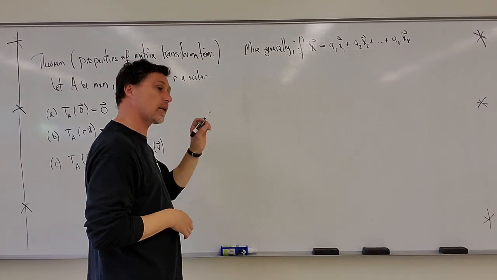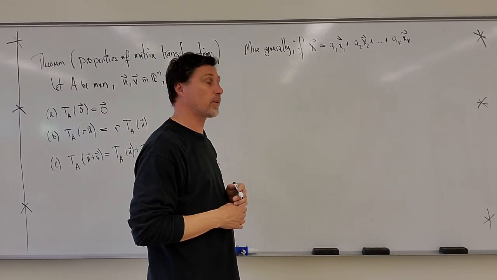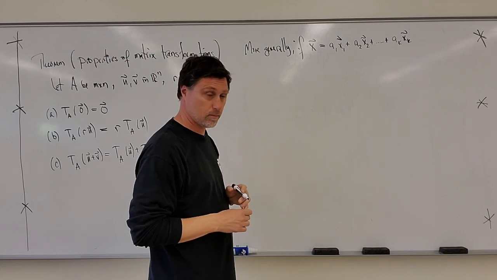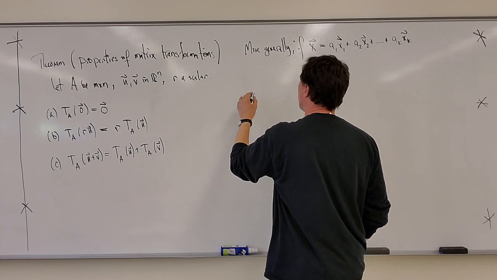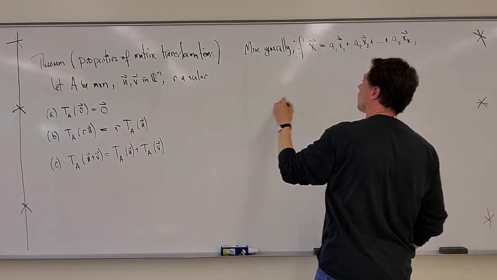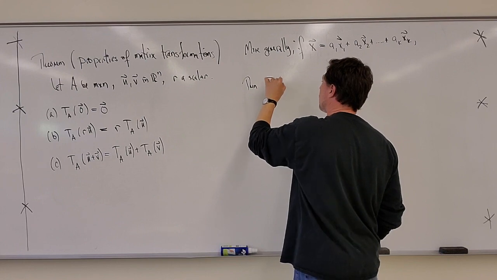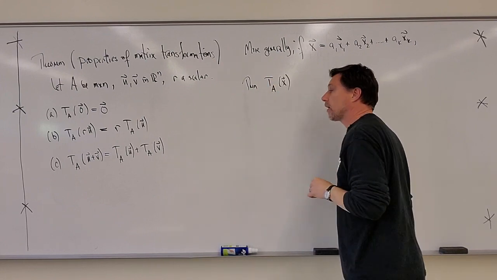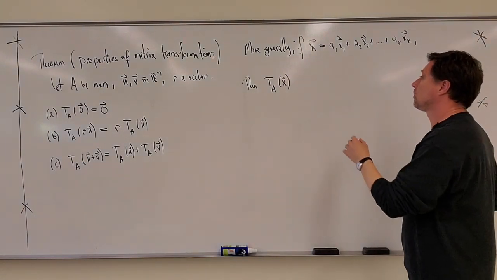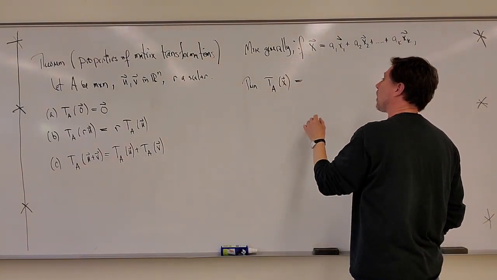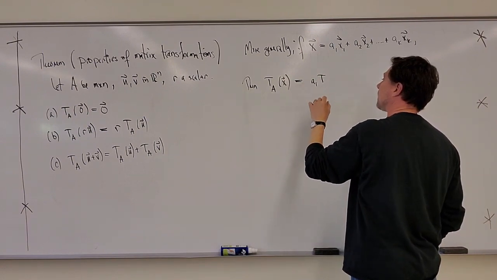When we have constant times matrix plus constant times matrix and so on. So if we have this situation right here, then T sub A of our vector x. So imagine plugging this big sum into here. And what does it come out to be? Well, it turns out it will be a1 times T.